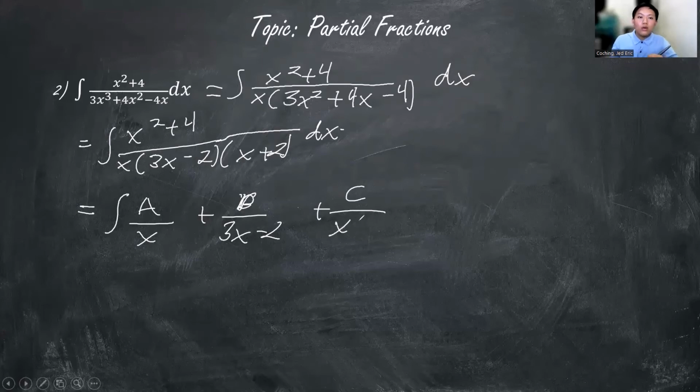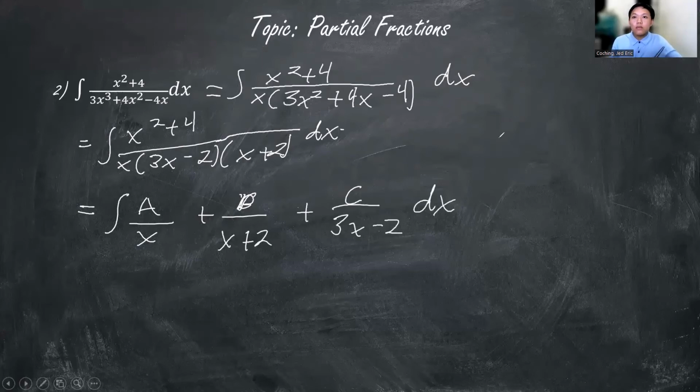Wait, no, we can do this in order. So instead of 3x minus 2, we can do this as x plus 2 to be easier after. And then this 3x minus 2, for dx.